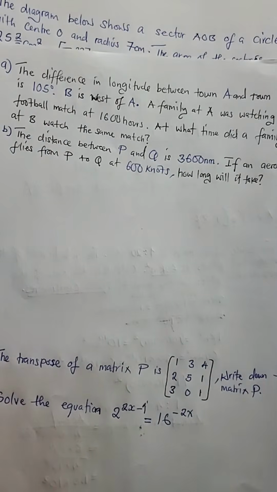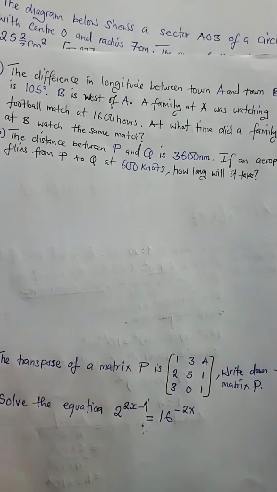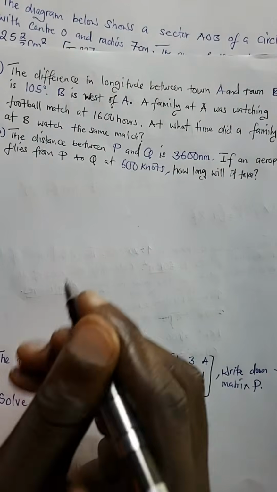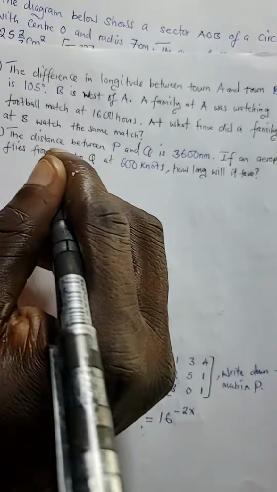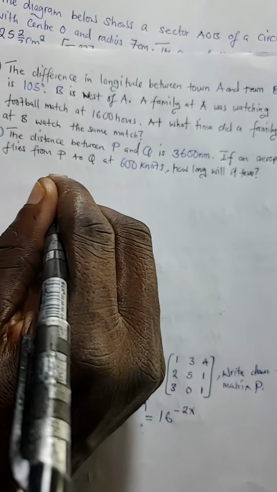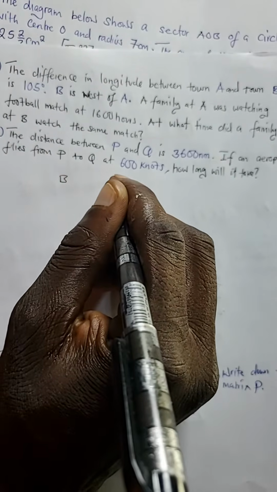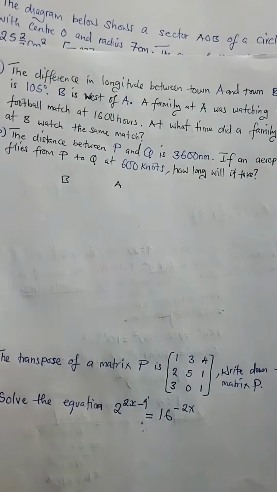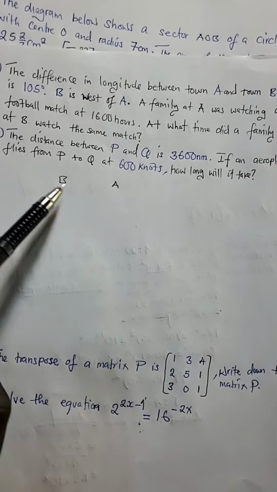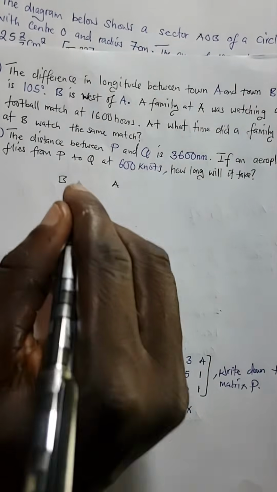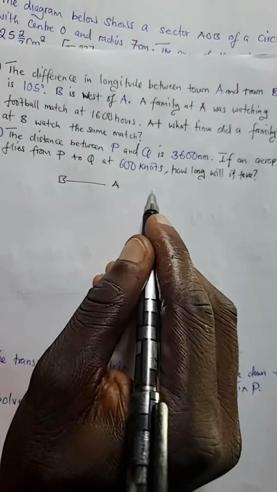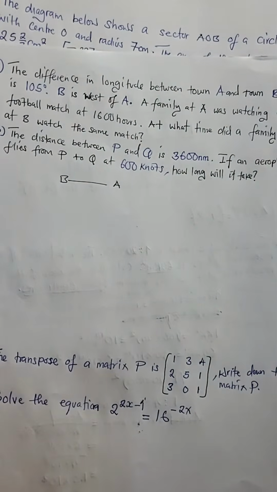So what we're going to do here, check. Write the two sides. We have point B and point A. They're saying B is west of A. So this side is east, and this side is west.